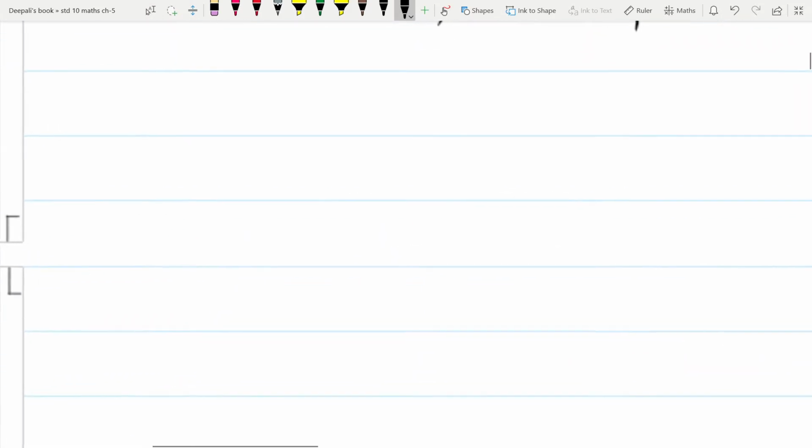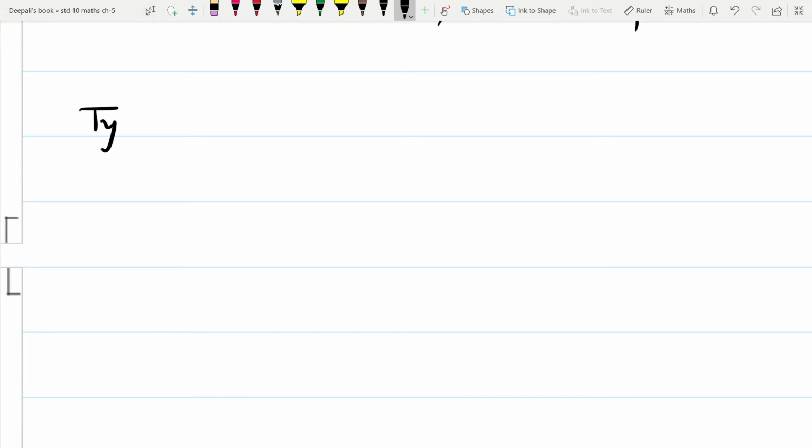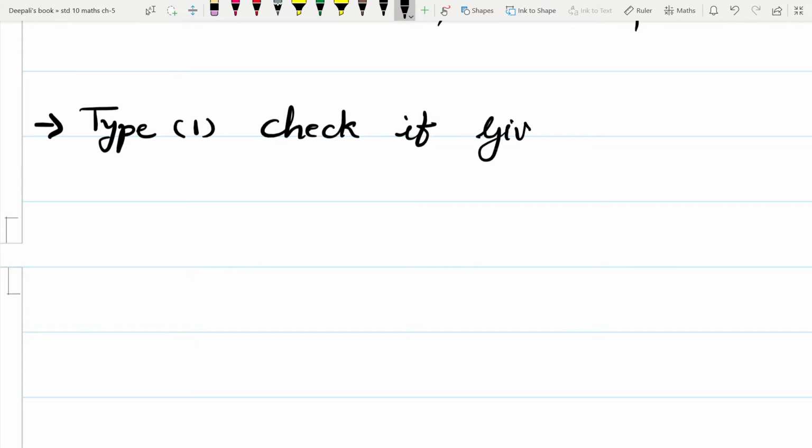In this exercise, we are going to check whether the given sequence or a series is an AP or not. So in type 1 questions, you have to check if the given pattern is an AP or not.